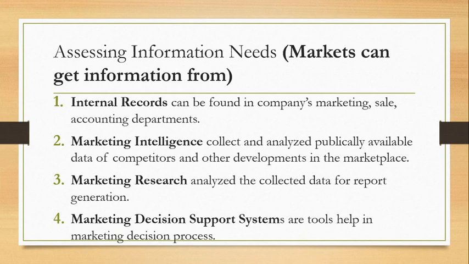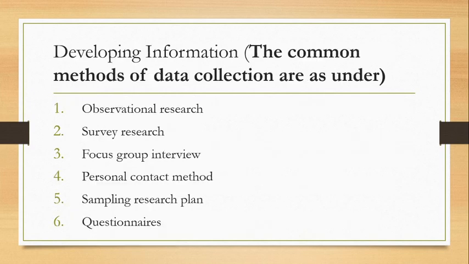Now the next important aspect is related to developing the information, and the sources of information can be many, but here I'm just trying to mention 6 important sources. First of all, we have to understand that to access the information need, we have to develop the information accordingly.